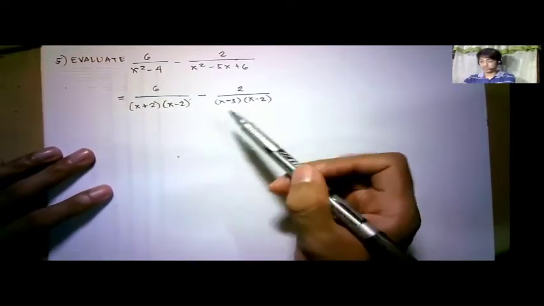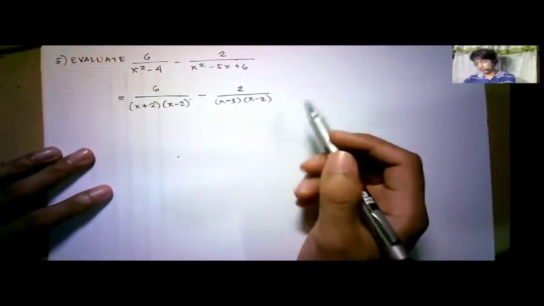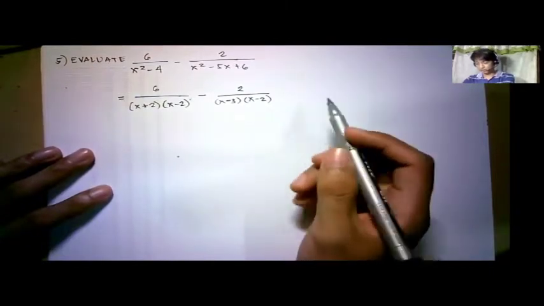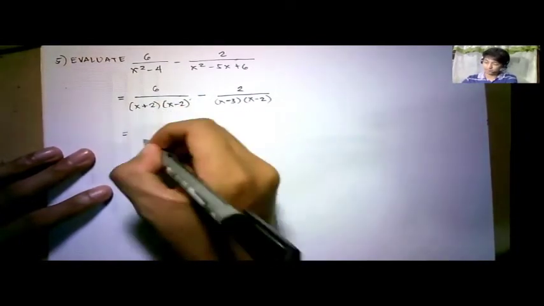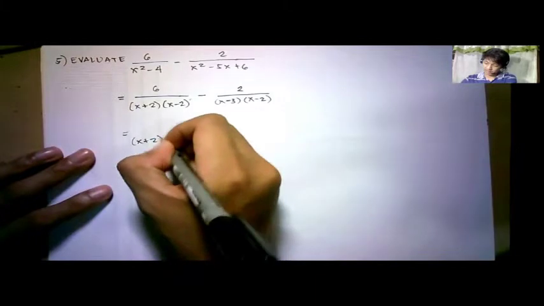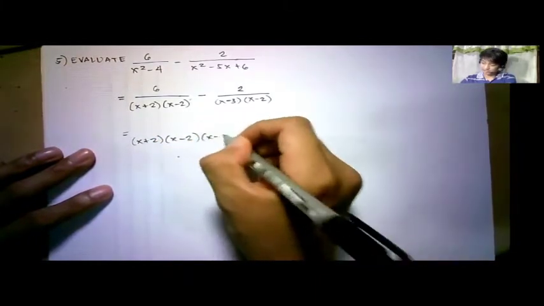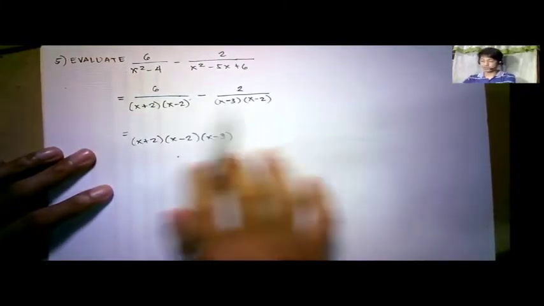The LCD are the common denominators or the least common factors. So for this one, the LCD is x plus 2, x minus 2, and x minus 3. As you can notice, we have x minus 2 twice here.